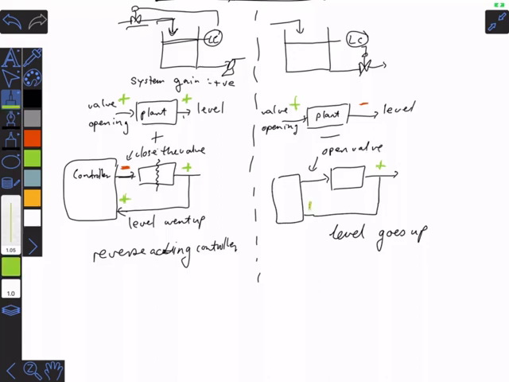And so the controller is acting in the same direction as the controlled variable. Those signs are the same, and so that's a direct acting controller. So reverse and direct is from the point of view of the controller looking just at the measurement. Am I moving the valve in the same direction as the measurement or in the opposite direction?